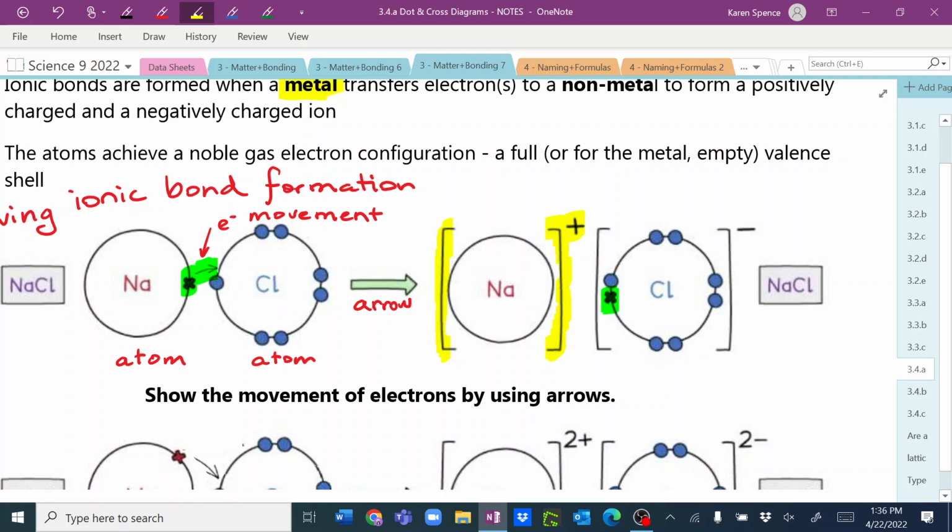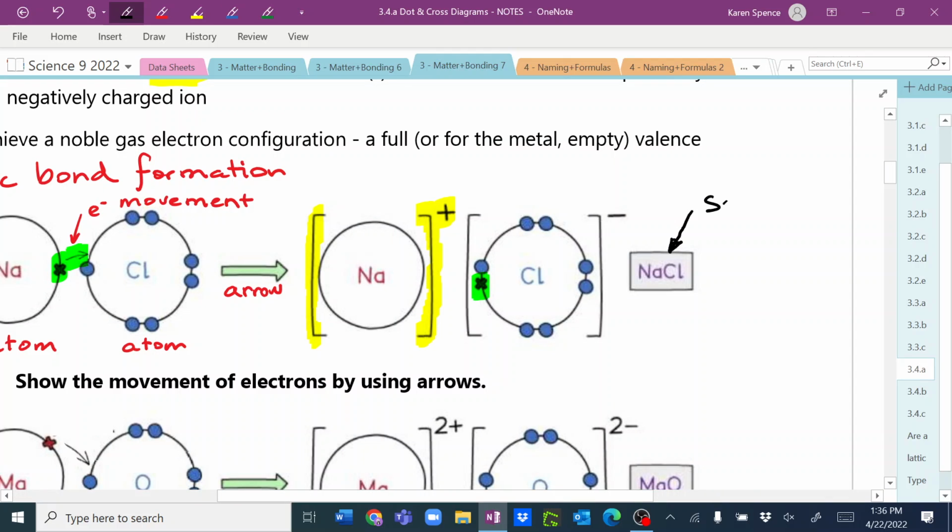What would be the name of this compound? Sodium chloride, yes. Would it be okay to write the formula like this? Is that okay?